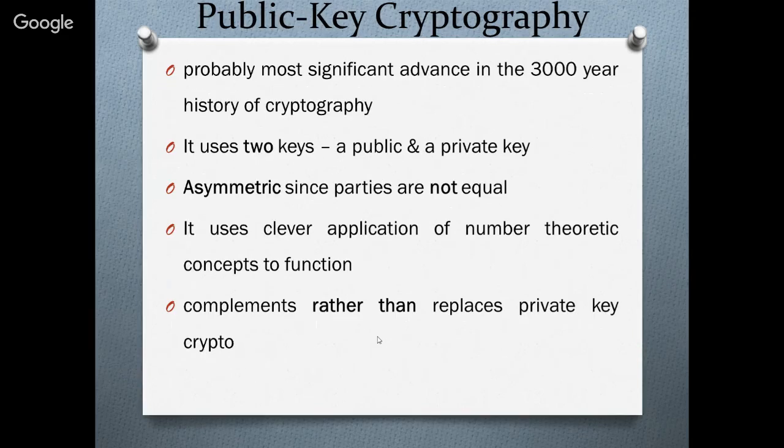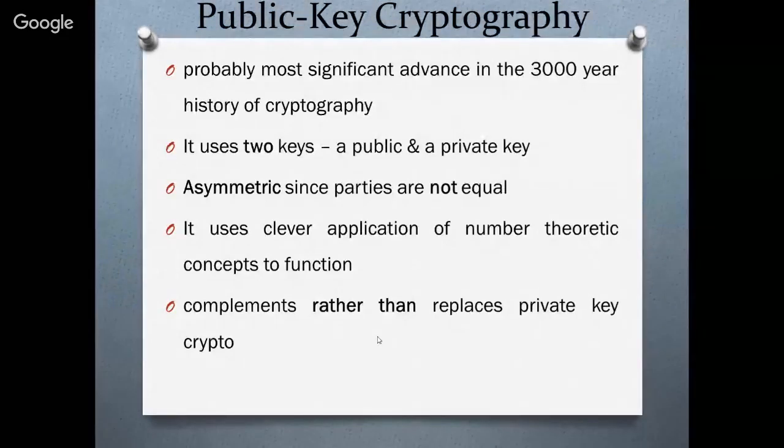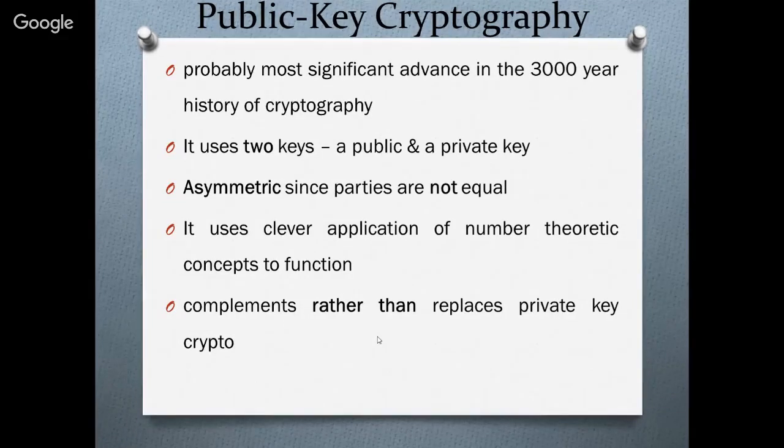Whereas public key cryptography is probably the most significant advance in the 3000 years of the history of cryptography. Now we are using two keys. One key is called the public key and the other key we call the private key. It is also called asymmetric since the parties are not equals.